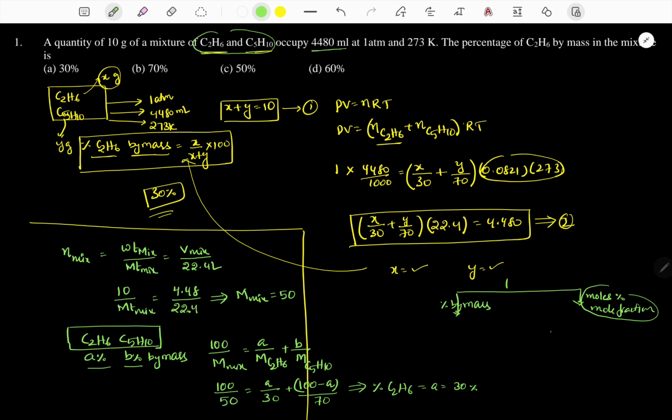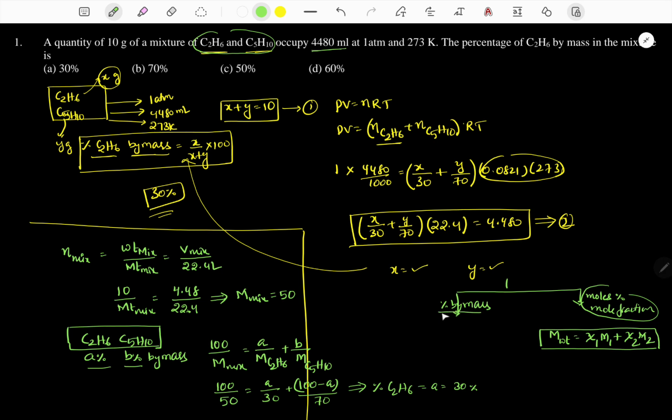Average molecular weight equals mole fraction x1 into molecular weight m1 plus mole fraction x2 into molecular weight m2. If number of moles is given, we can use this one: fraction of m1 into m1 molecular weight plus fraction of m2 into m2 molecular weight, that is the average molecular weight.